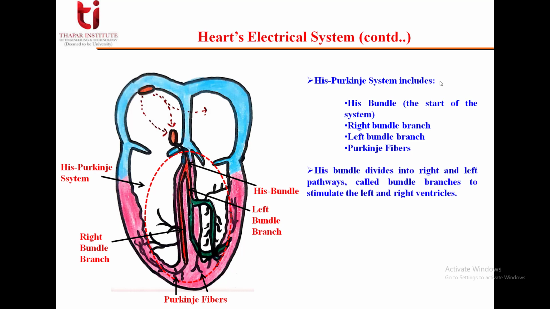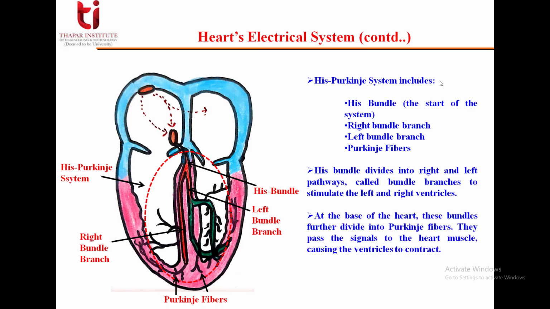Now the His bundle, what is its function? You can see in this diagram it divides into right and left pathways which are called bundle branches. These are the right and left bundle branches to stimulate the right and left ventricles. Now at the base of the heart, you can see these bundles further divide into Purkinje fibers.